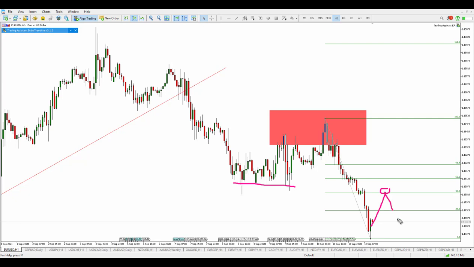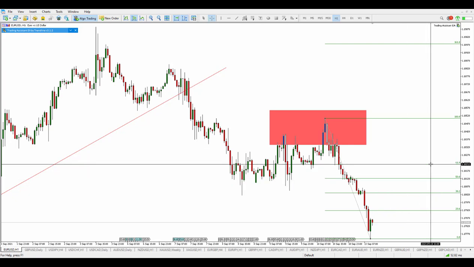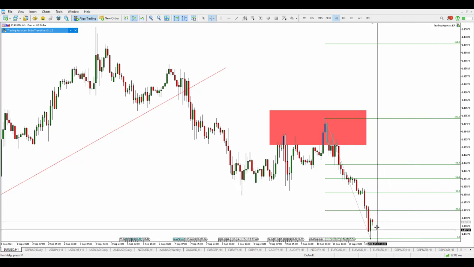Another one is obviously the 50% level, which is right here aligned with the previous structure, so another entry opportunity. And to be honest, all the way up here to 61.8, where even if price pulls back right here, which is basically the 1.1820 level, this is still a nice trading opportunity.